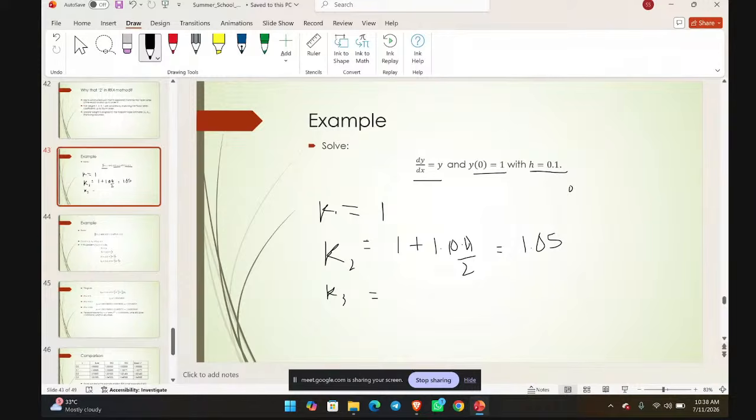And using this slope, we again reach another point from the initial point itself. The initial point is (0, 1), right? We are reaching these points temporarily to evaluate the slope there to get to the final next point.